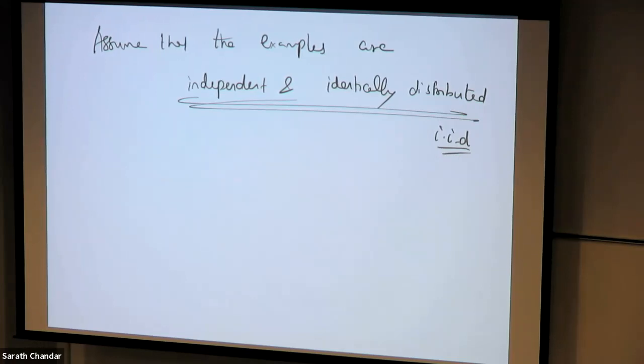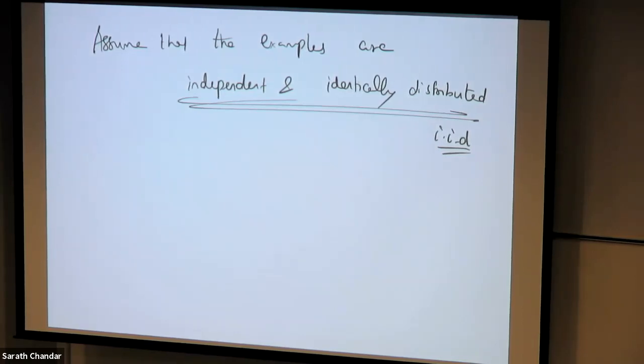The IID assumption means that if I have 100 examples in my data set, they are all independent. In other words, the probability of the entire data set is given by the product of the probability of individual data points because they are all independent. And they are all identically distributed, which means they all come from the same distribution. Is that clear?